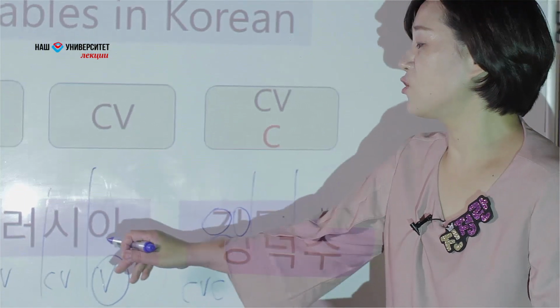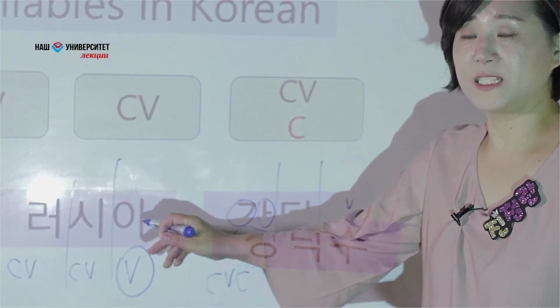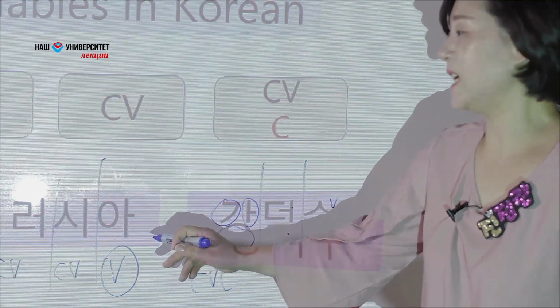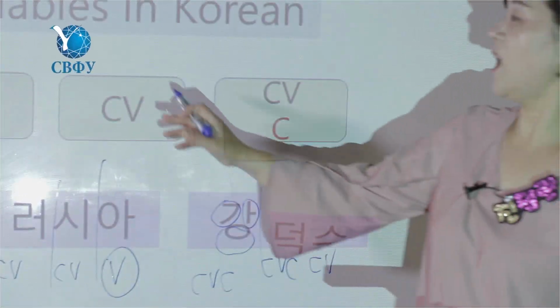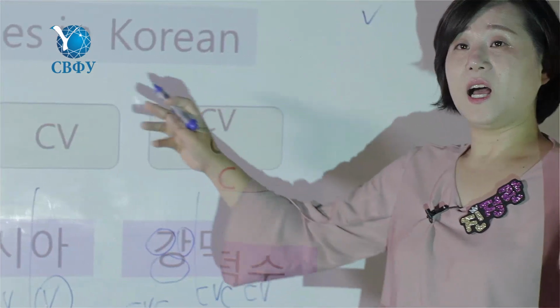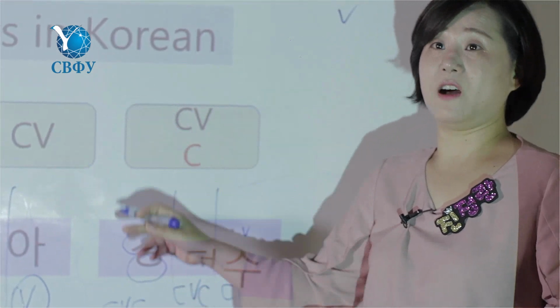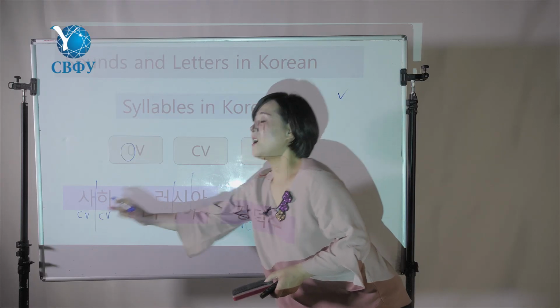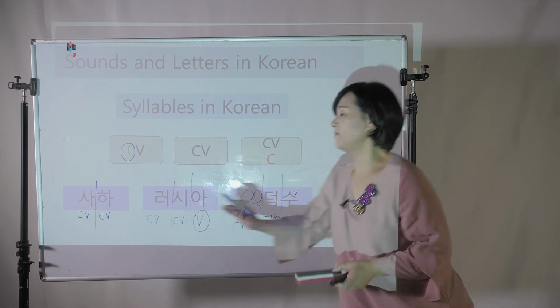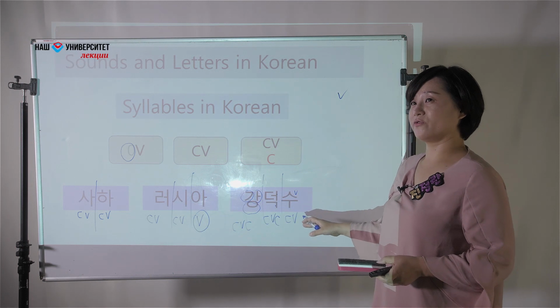So we put the zero symbol consonant in it. Most syllables combine a consonant and a vowel, like 사하 and 러시 and 수.